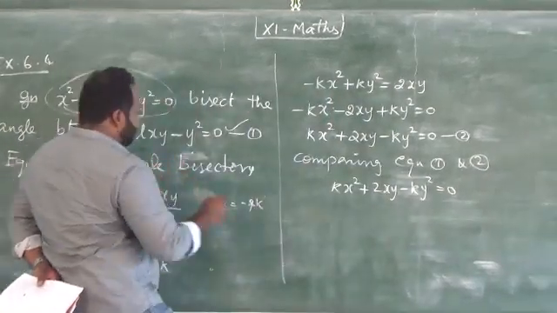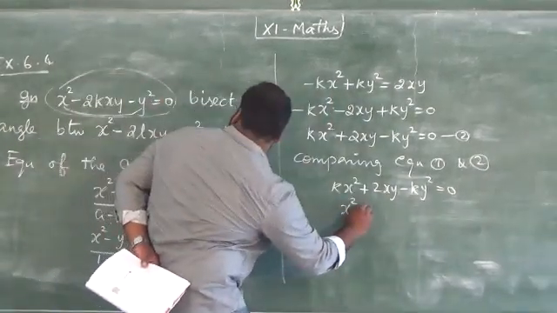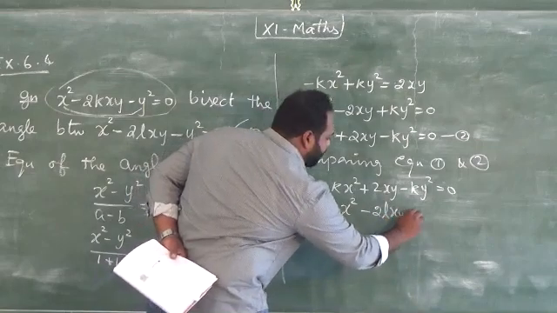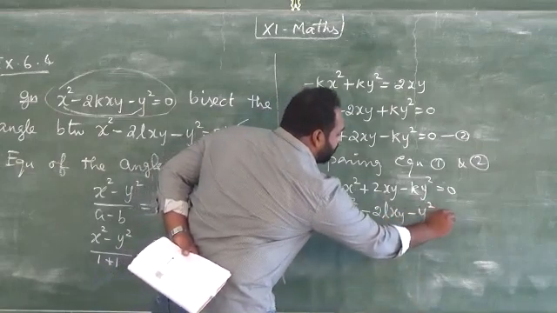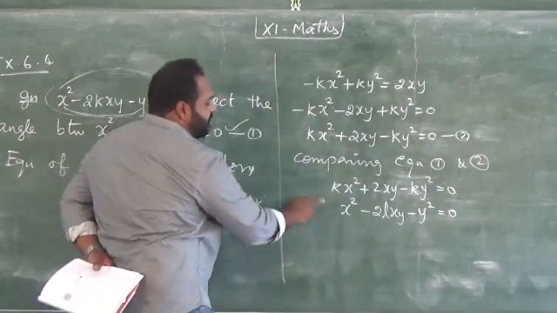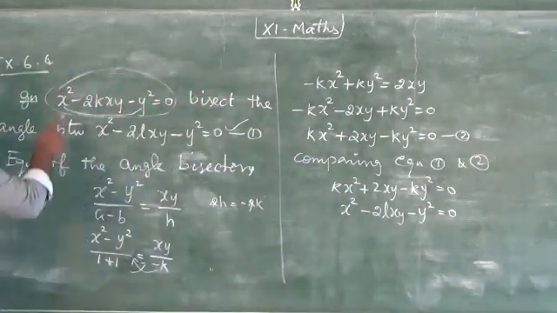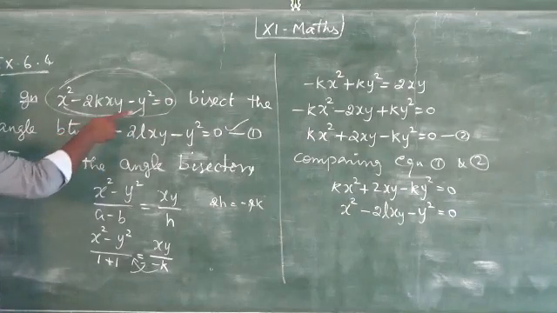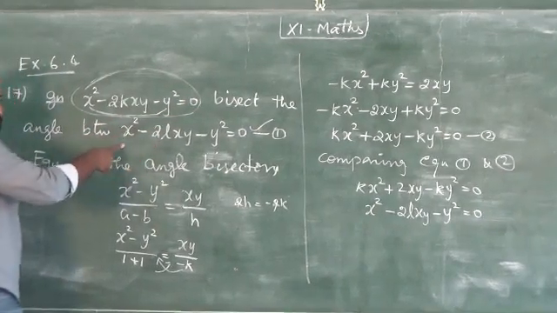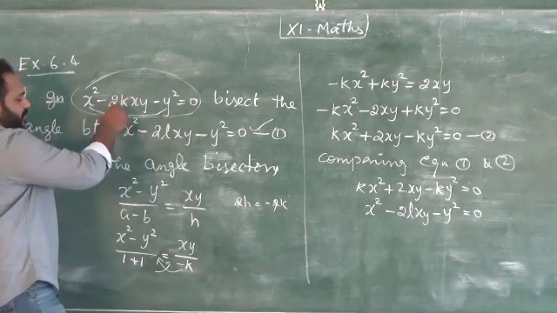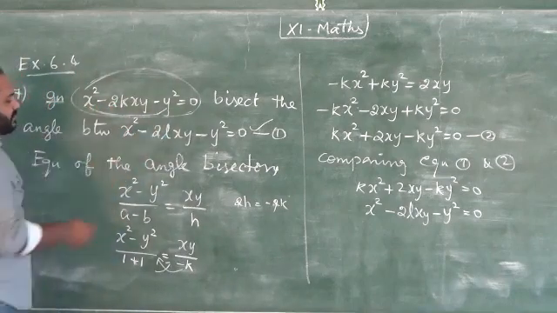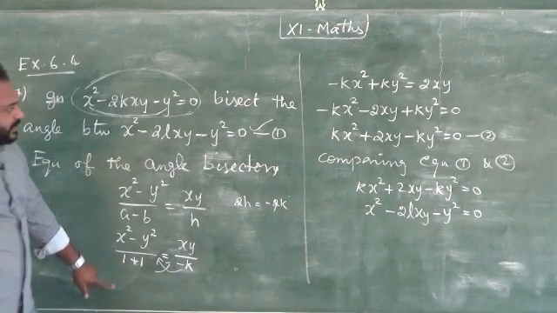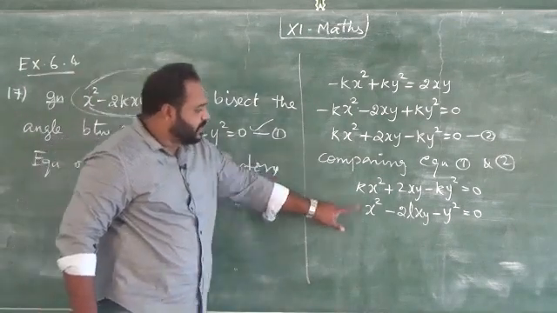Take this equation x square minus 2lxy minus y square, because these two equations we can compare, because this pair of straight lines bisect the angle between the lines they gave. For this particular equation we get the equation of the angle bisectors, we are getting this equation. So, we can compare these two equations.